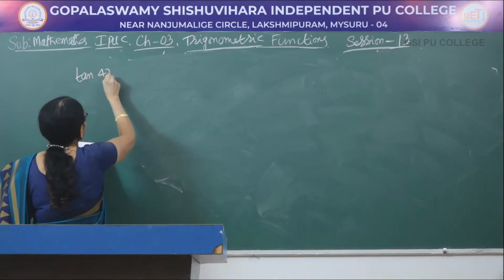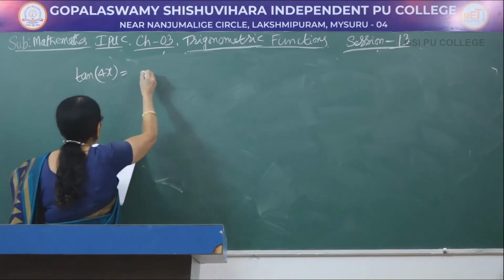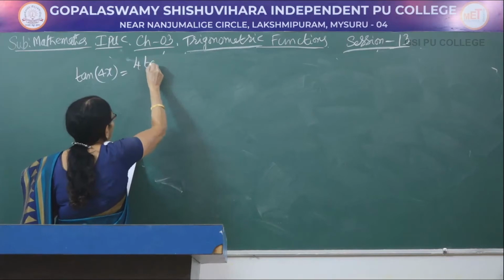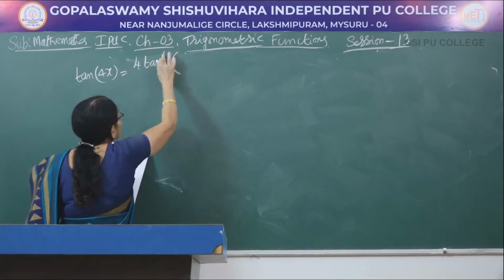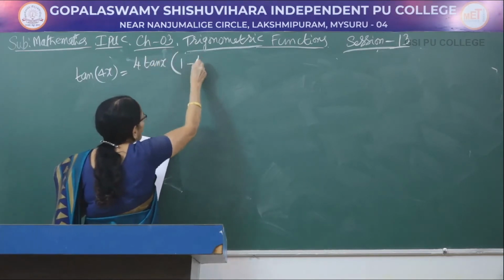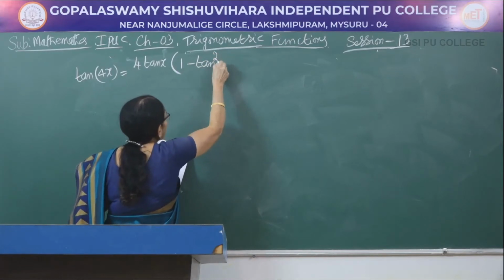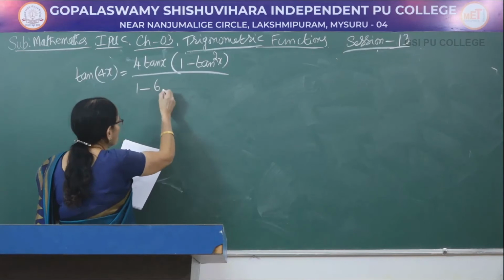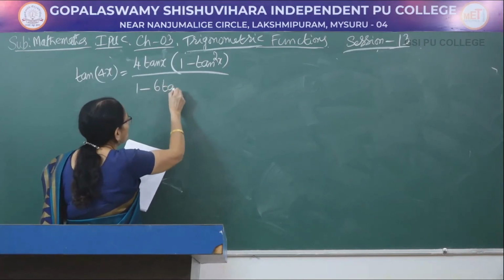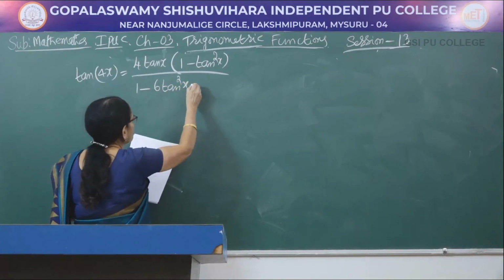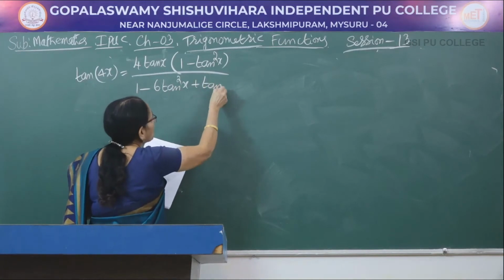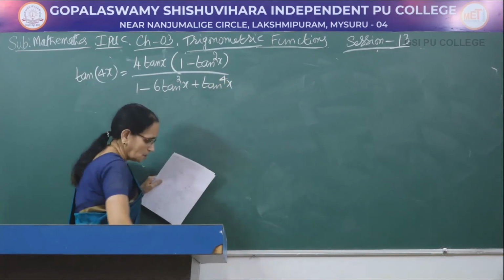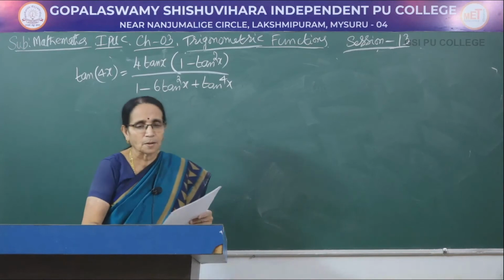Tan of 4x, you have to show that it is equal to 4 into tan x into 1 minus tan square x, divided by 1 minus 6 into tan square x plus tan to the power 4x. Now, this is what we have to prove here.